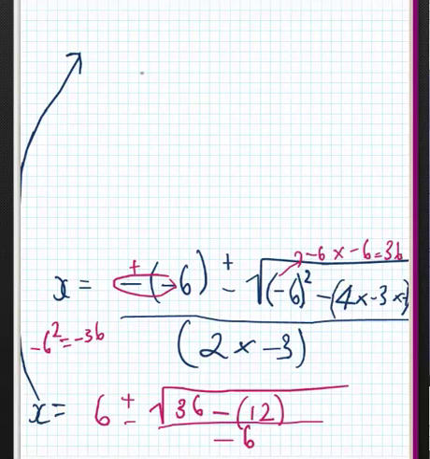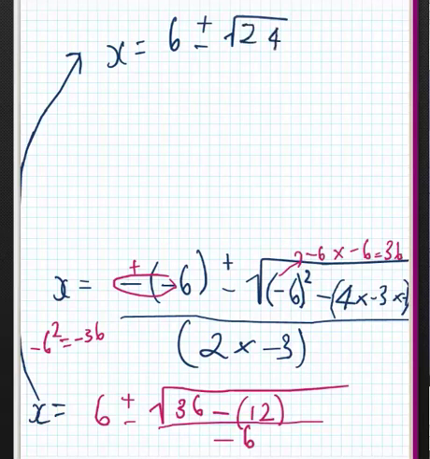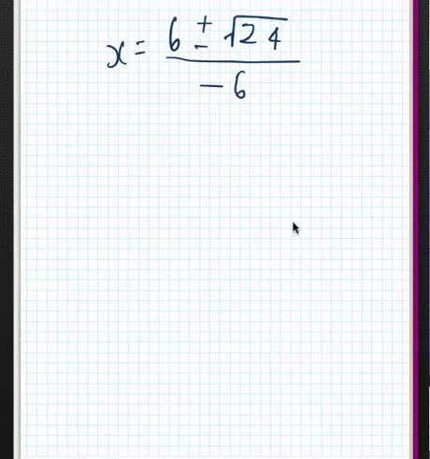So we end up with x equals 6 plus or minus the square root of 36 minus 12, which is 24, all over negative 6. Now at this stage, you'll notice that the square root of 24 is not a perfect square, it's a surd. So with these solutions, our x-intercepts will be irrational numbers.